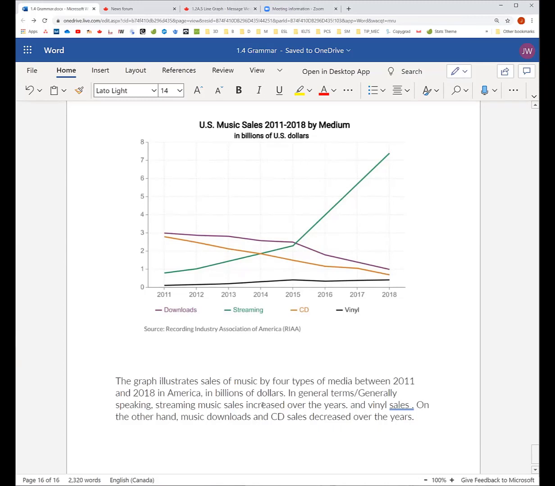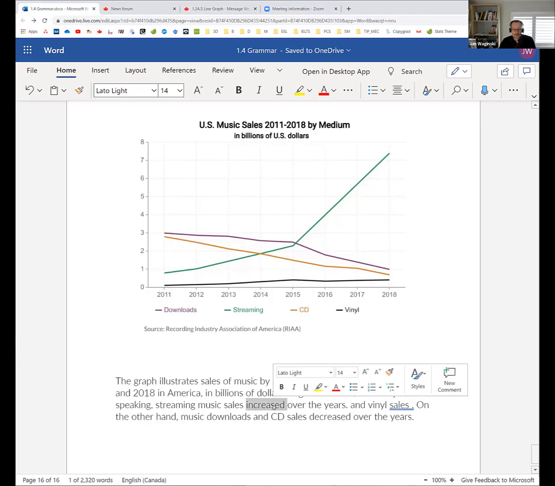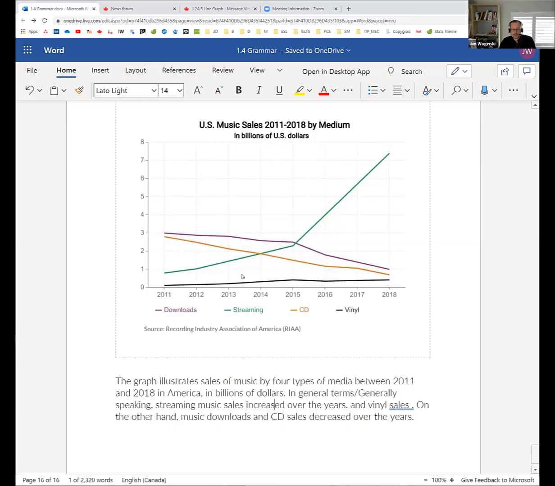You got to put the big patterns that you're going to talk about. So there's a number of ways to do this. Part of the problem is that we're using a very general verb, increased, but a more specific verb would be better. How would you describe this kind of huge increase? What's one word?